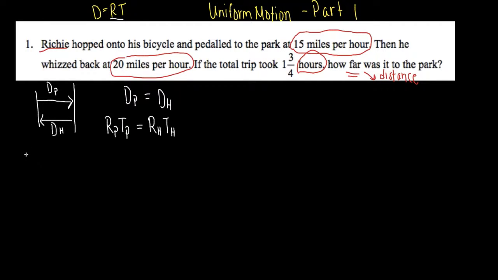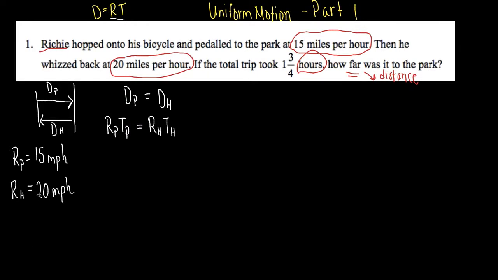Now, under my diagram, I'm going to write down what I do know, so I can start to substitute the values that I know. RP means rate to the park, and we know that the rate to the park was 15 miles per hour, so I'll say 15 mph. The time to the park, I don't know that. I know the rate home, so I'm going to say RH equals 20 miles per hour.